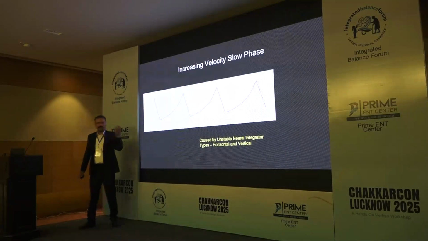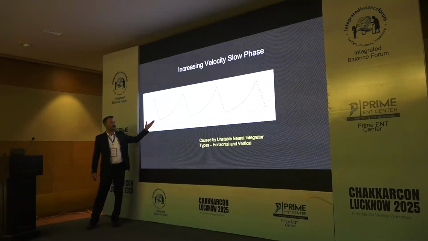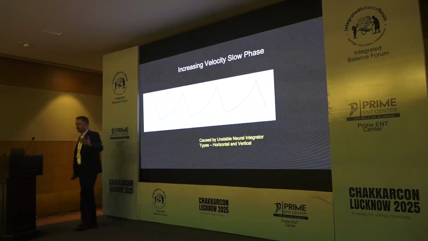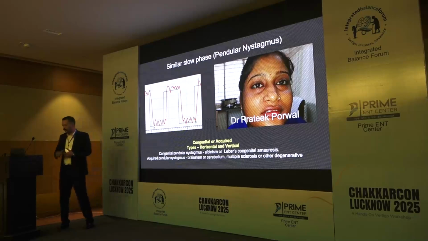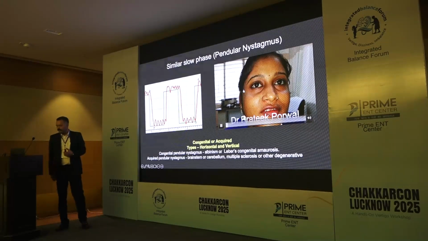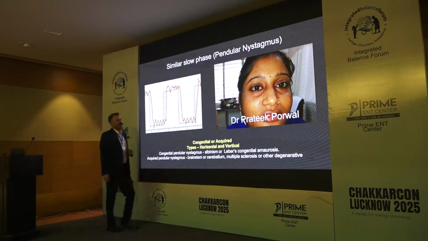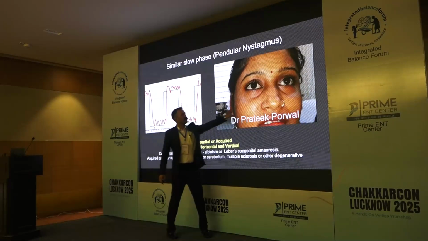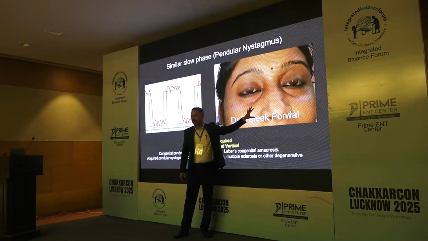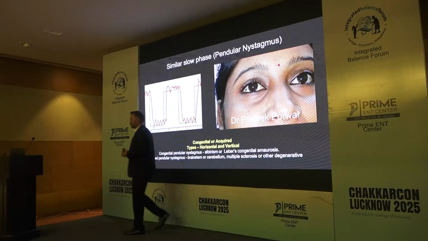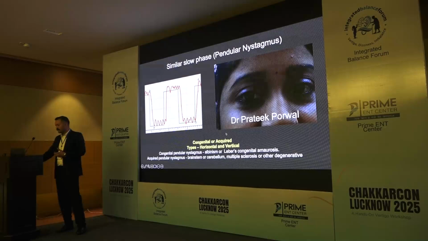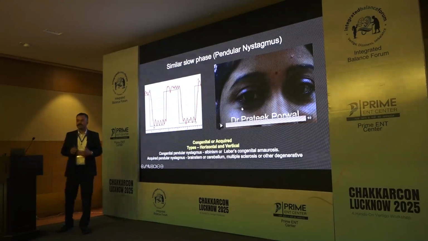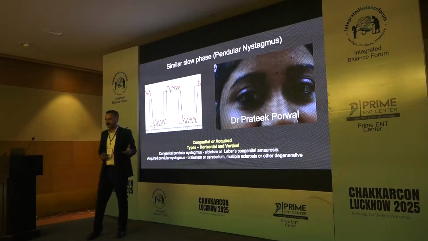Then there can be a different type of nystagmus in which the slow phase has an increasing velocity and a decreasing velocity. Can you tell me what nystagmus is seen in this video? Yes. Why pendular? Because in this we cannot differentiate the slow phase and the fast phase.